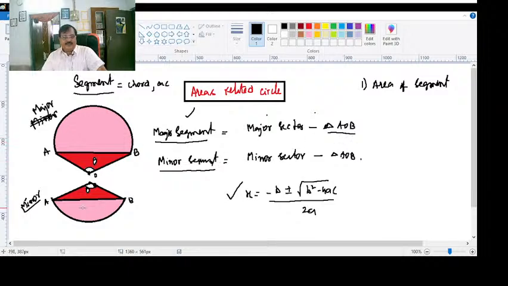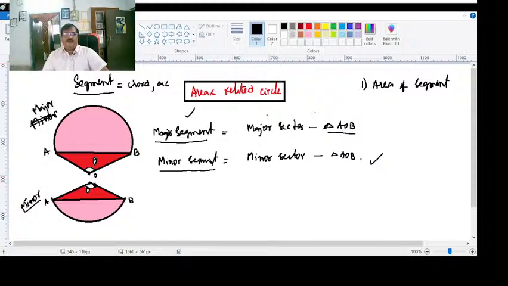Minor segment also is minor sector minus AOB. Okay, these two. So then here, if you want to find out the area, definitely you have to find out area of major sector and area of triangle also.